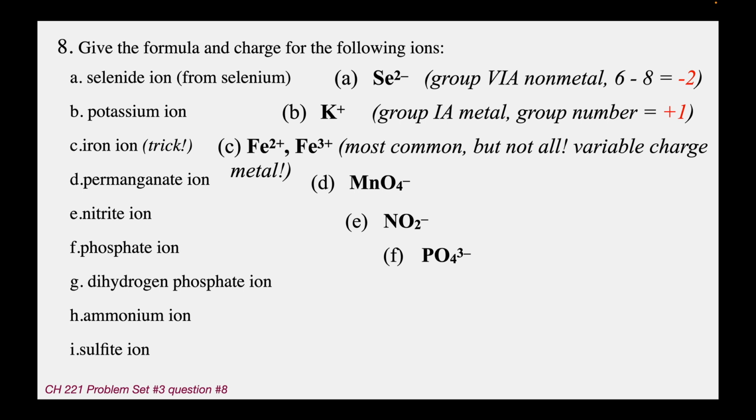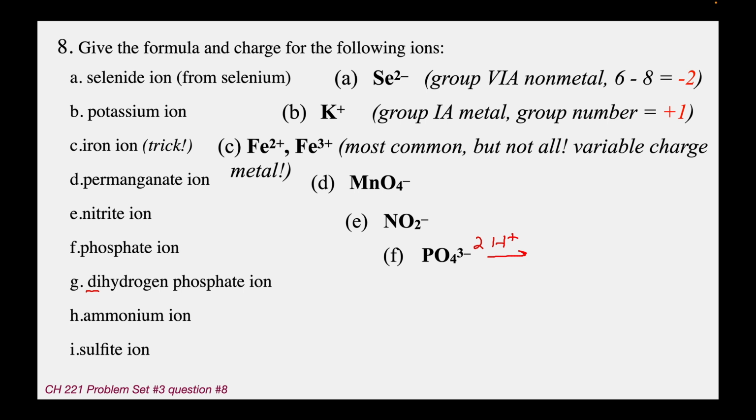Now, the next one that we're actually supposed to talk about is the dihydrogen phosphate ion. Now, hydrogen, most of the time with these problems, will be H+. And you can see there's a Greek prefix of 2, di. So that means we're going to have 2 H pluses joining with the phosphate.